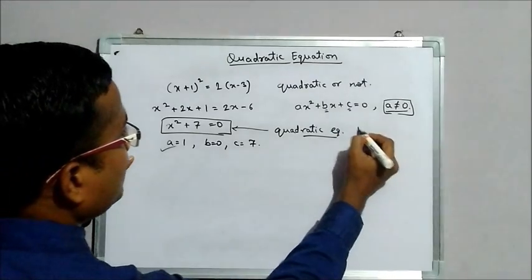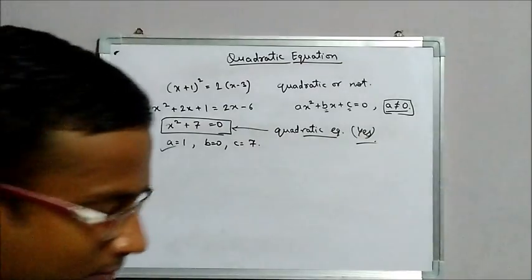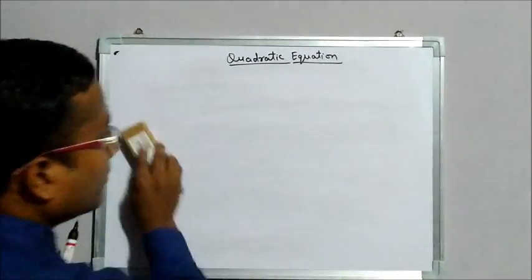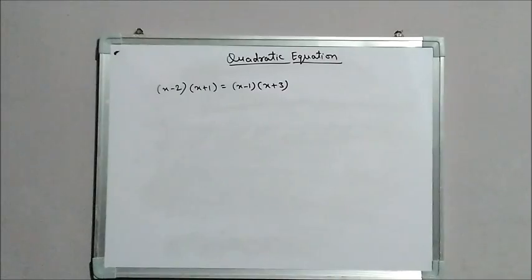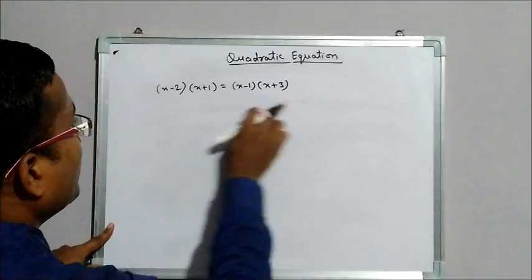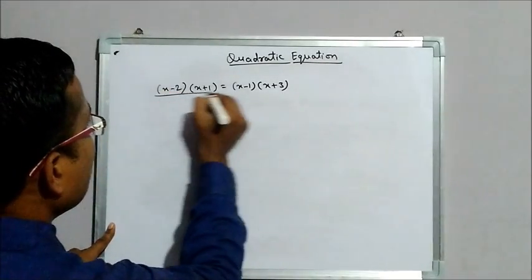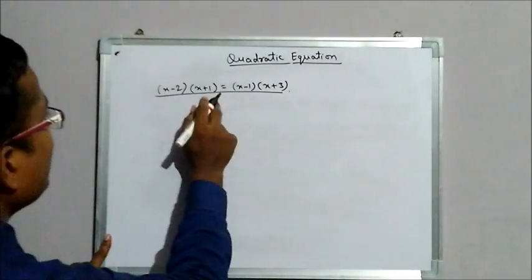What did we say? Yes, it is a quadratic equation. Now taking another example. We cannot find out directly whether this whole equation is quadratic or not. We have to solve it. So how can we solve it?